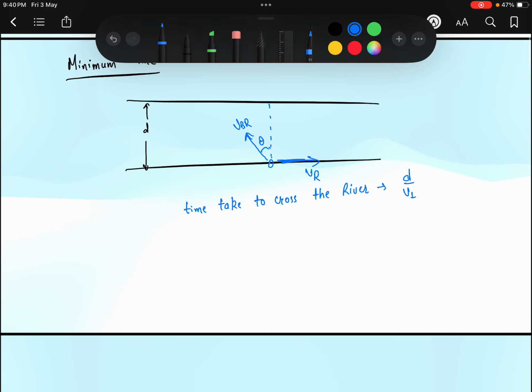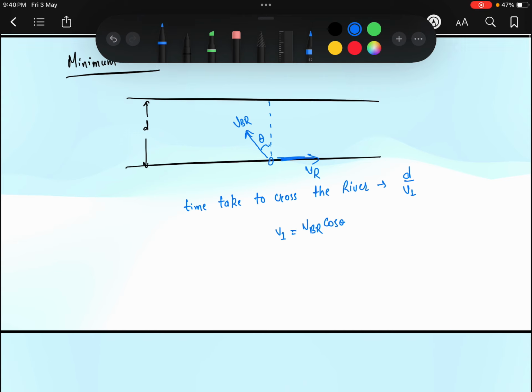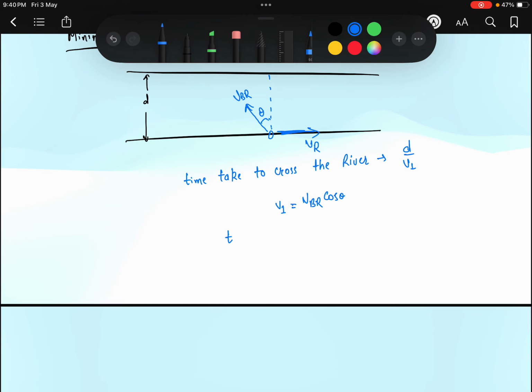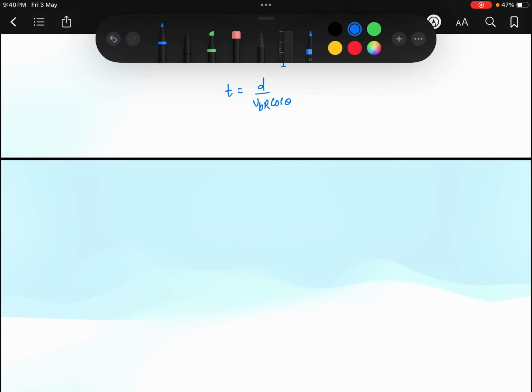So here v perpendicular will be equal to VBR cos theta. Our time formula that we have already studied is t is equal to d by VBR cos theta. Okay, so now we have to interpret the situation.